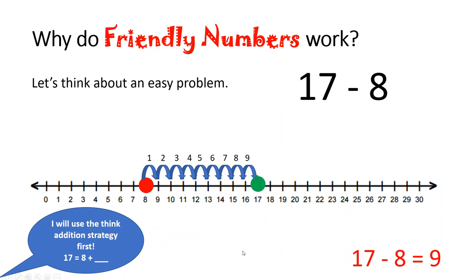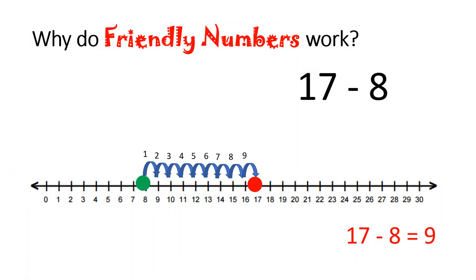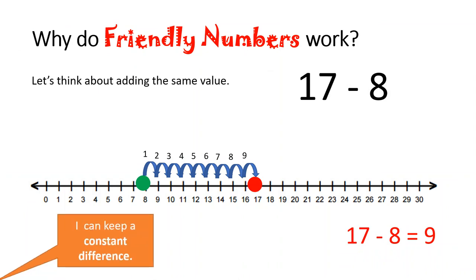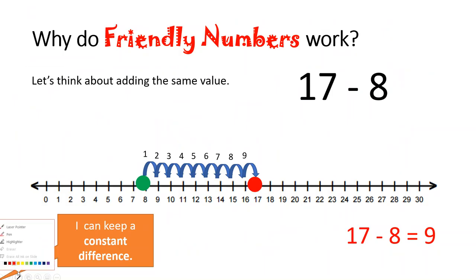But what if I did it a different way? What if I thought about adding the same value? What does that mean? It means I keep a constant difference. So I pretend there's an invisible rope in between these two dots, and they always have to stay the same amount apart.